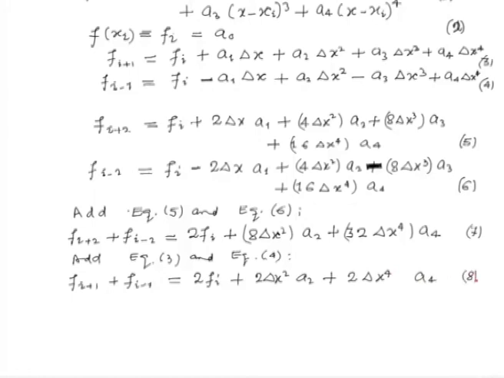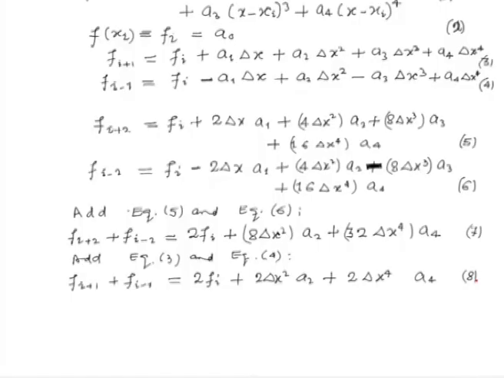So now equations 7 and 8 involve only coefficients a2 and a4. So we can eliminate a4 and thereby obtain a value for a2. To eliminate a4, let's multiply equation 8 by 16.